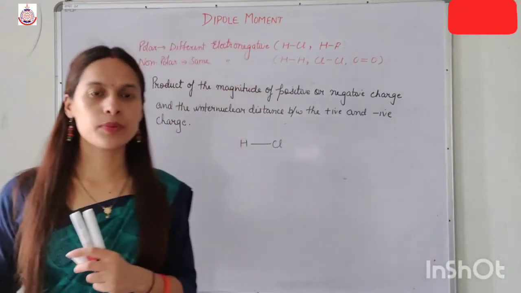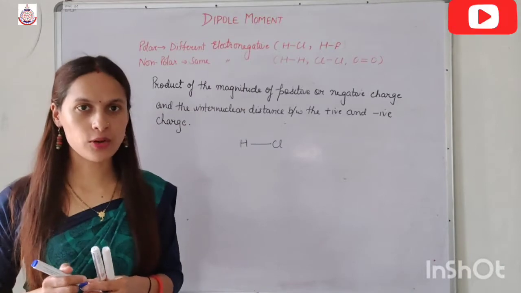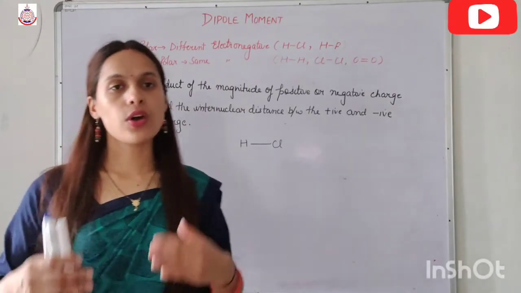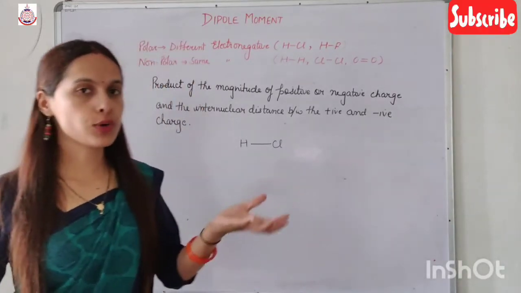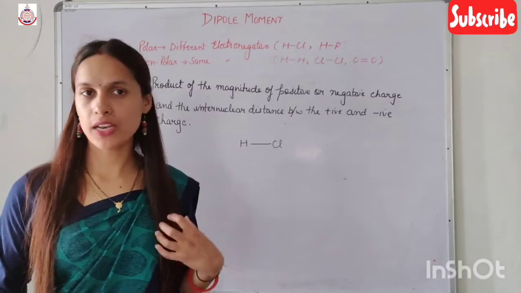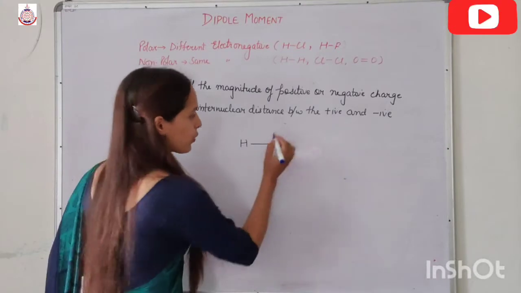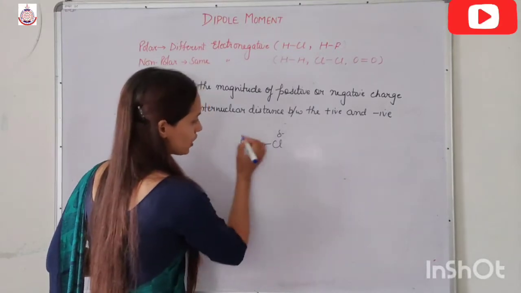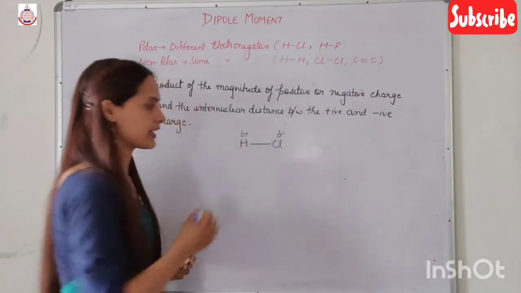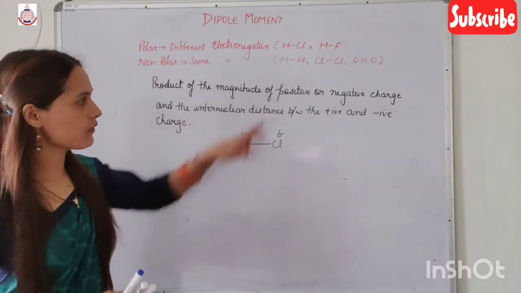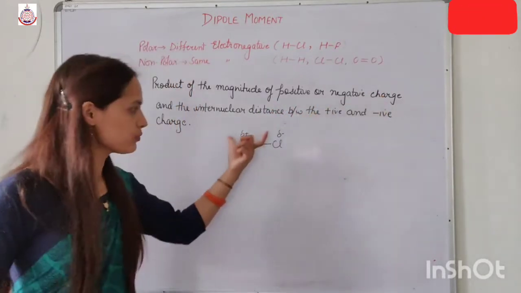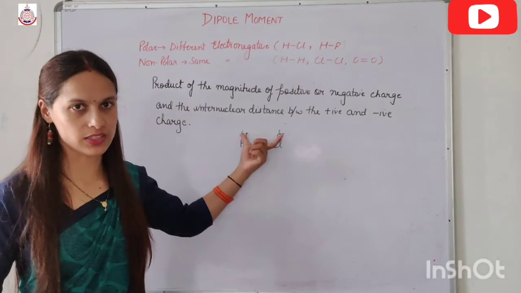In our previous videos, we have studied about electronegativity. Due to attraction, chlorine acquires a slightly negative charge and hydrogen acquires a slightly positive charge. So, in the definition, positive or negative charge means these positive and negative charges.